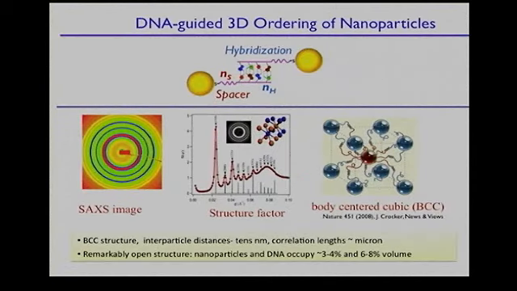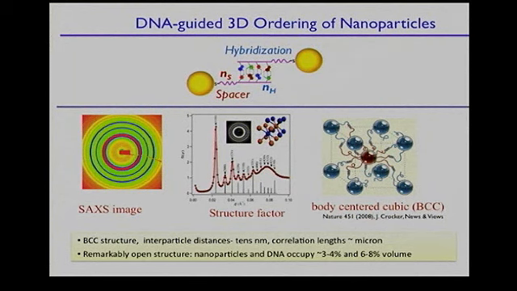So as soon as we play with the spacer, we found that indeed in some particular length regime, we can obtain this beautiful pattern. I know that it maybe doesn't tell many of you something, but as soon as we analyze this pattern, we can extract something which we call the structure factor, which pretty much tells you the degree of order as well as what type of order you have in a system.